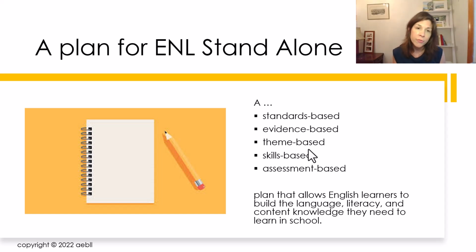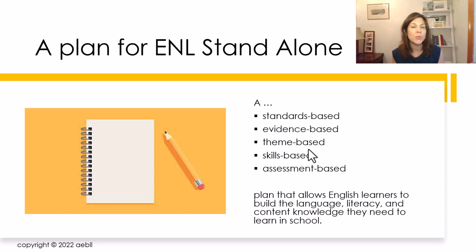Skills-based, meaning we are going to follow a scope and sequence of linguistic skills September through June, where our goal is by the end of the year to have our students performing at a certain level of proficiency. And finally, assessment-based.